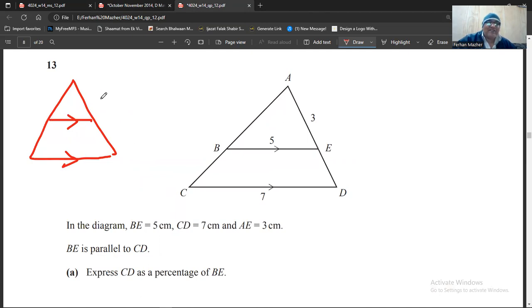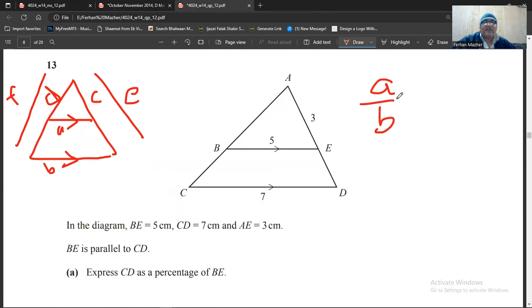Say this is A, this is B, this is C, this is D, this whole thing is E, and this whole thing is F. Then the formula will be small over big, the small triangle and the corresponding big triangle. So this is a famous case of similarity in triangles.